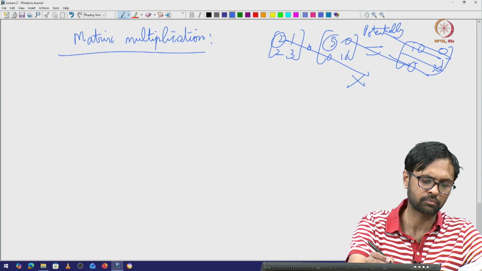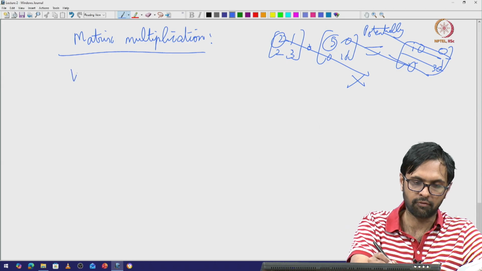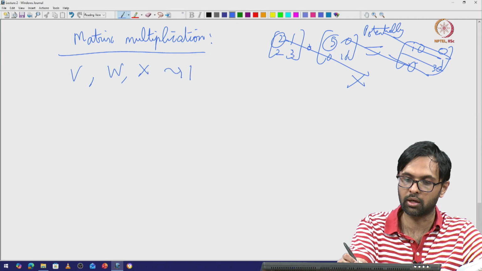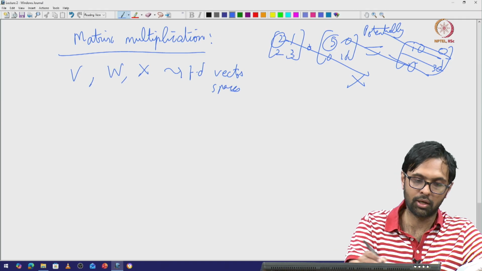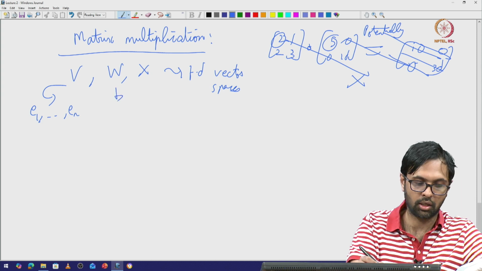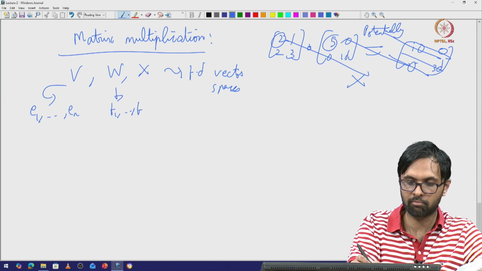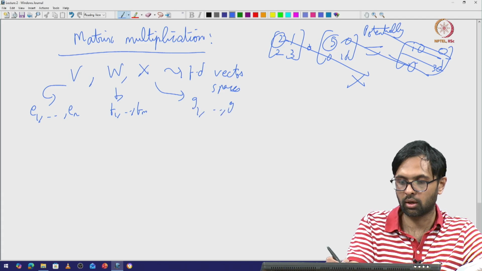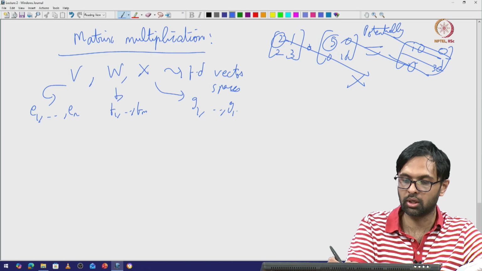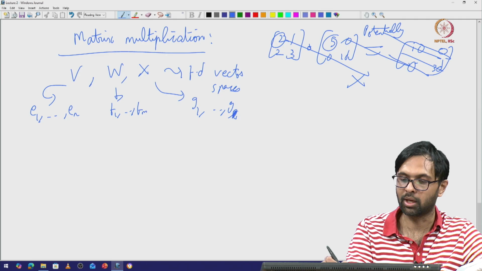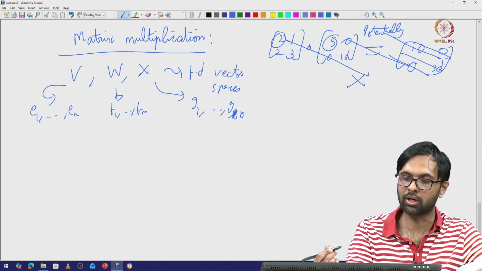Why is that so? If you take V, W, and X, and they're all finite dimensional vector spaces, and let's say we choose ordered bases E1 to En, F1 to Fm, and G1 to Go.